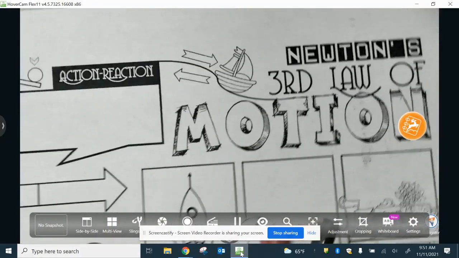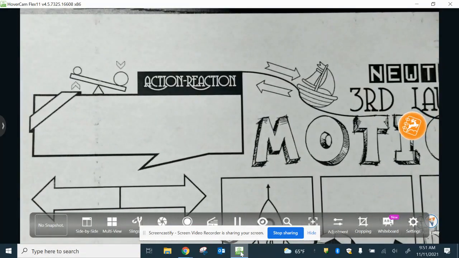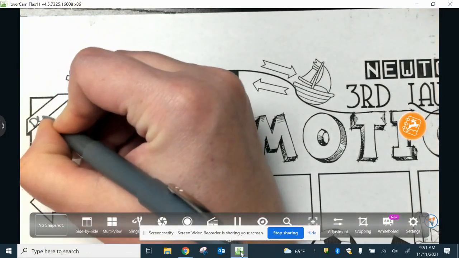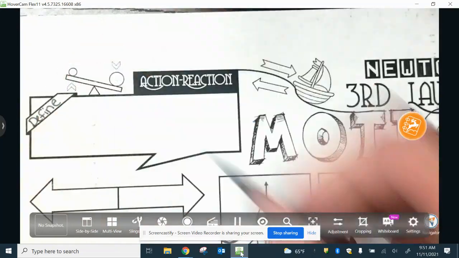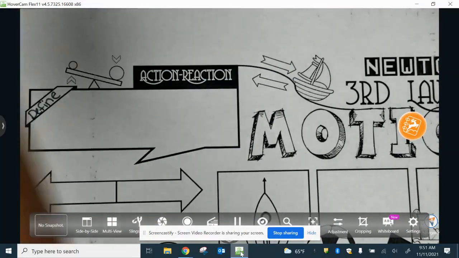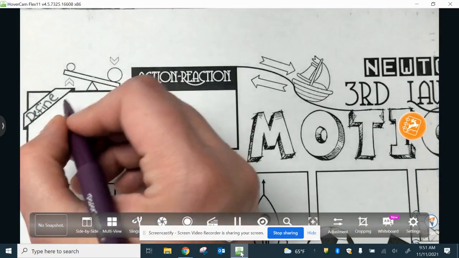All right. Newton's third law, to me, is the easiest one. So we're going to find Newton's third law. For every action, there is an equal and opposite reaction. That is his third law.